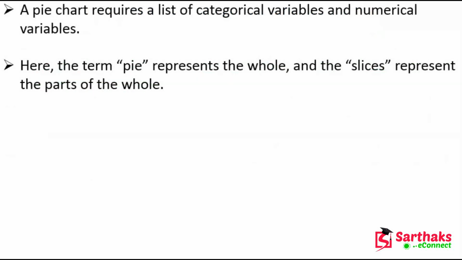A pie chart requires a list of categorical variables and numerical variables. So these two types of variables a pie chart requires. Here the term pie represents the whole, and the slices represent the parts of the whole.